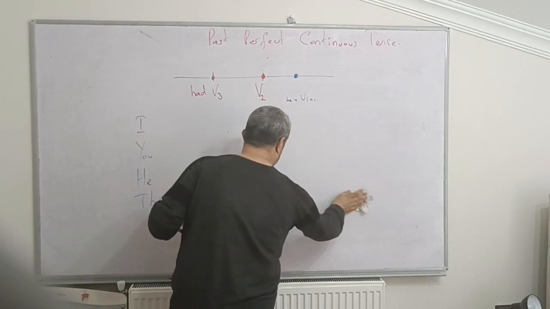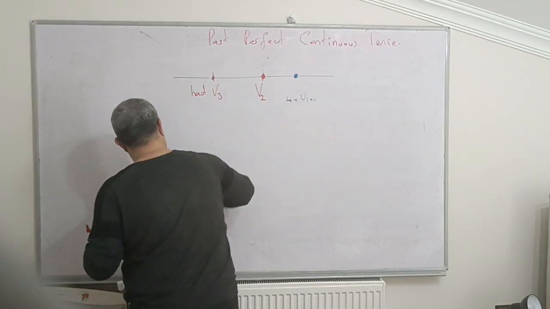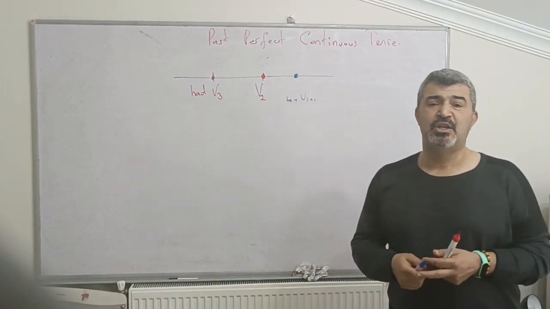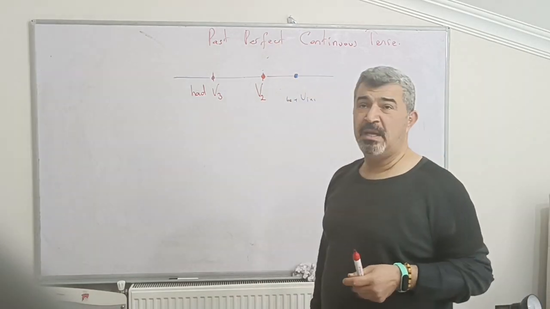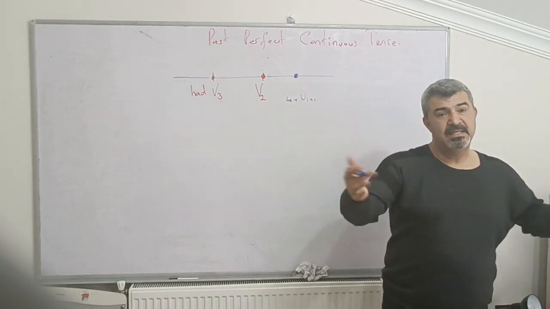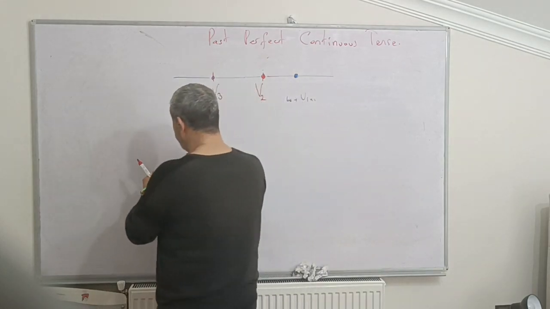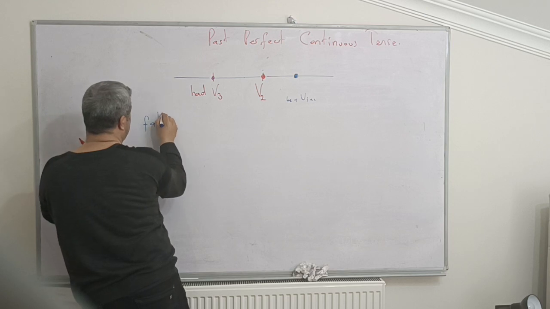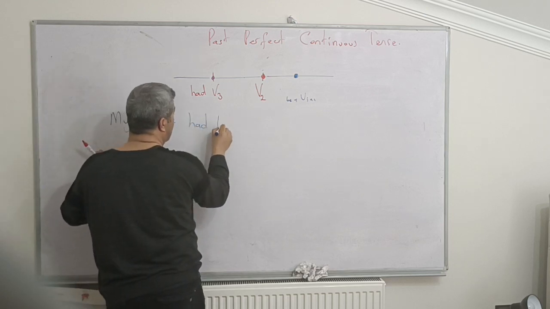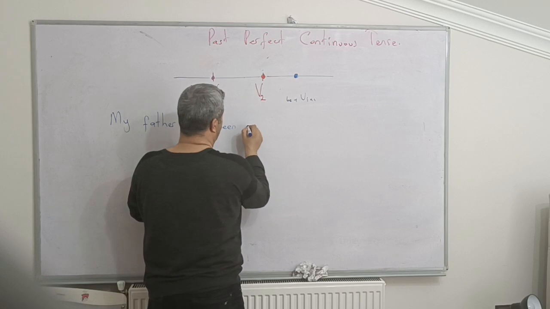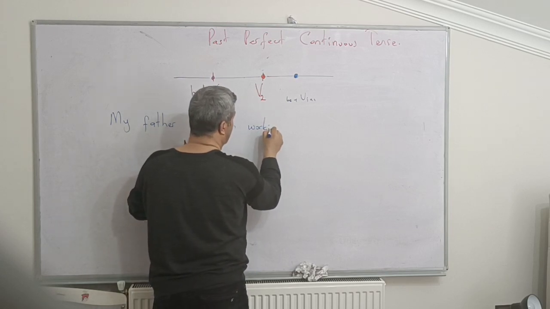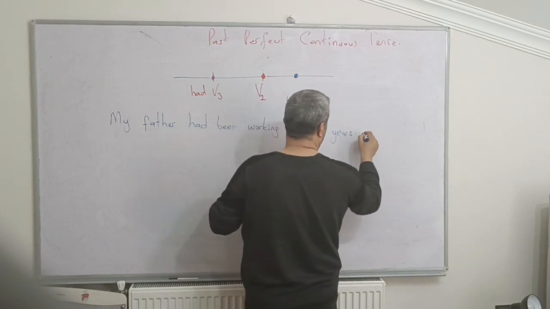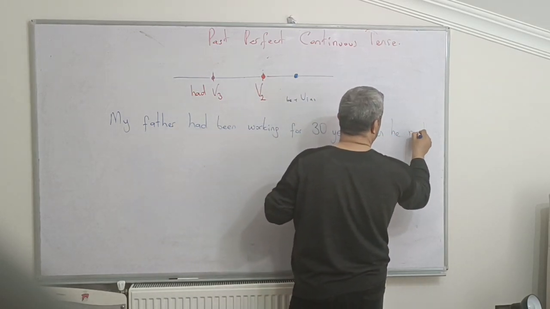Now let me write sentences and let's explain it. Let's show the structure of past perfect continuous and say the meaning. The first example: my father had been working for 30 years when he retired.